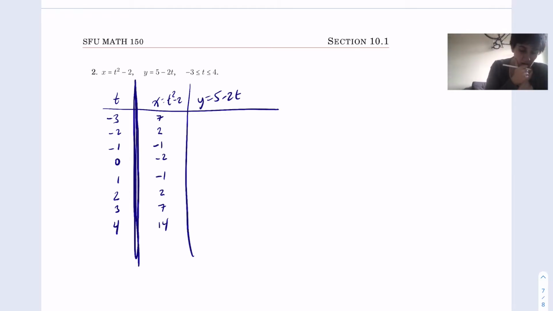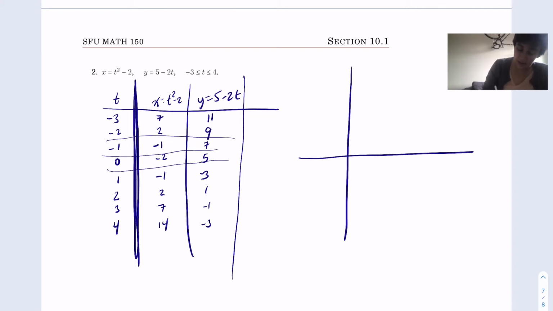My y-coordinates: 5 plus 6 is 11, 9, 7, 5, 3, positive 1, negative 1, then 3, 1, negative 1, negative 3. Drawing my parabola, my y's have to go as high as 11.